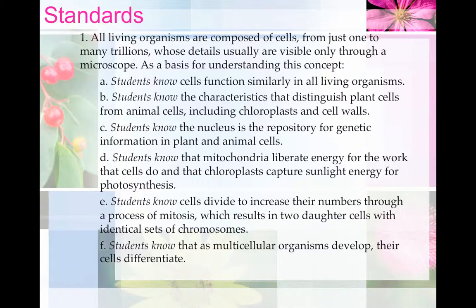You know that the nucleus is a repository for genetic information, so that's your DNA. Don't forget that. You know that the mitochondria liberate energy for the work that cells do, and chloroplasts capture sunlight through photosynthesis.